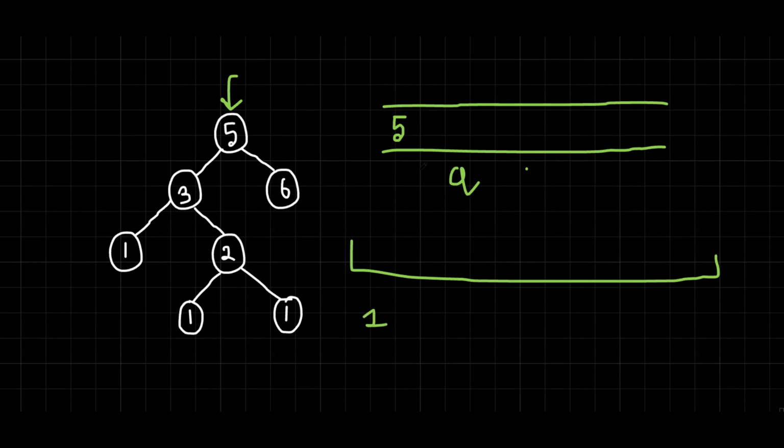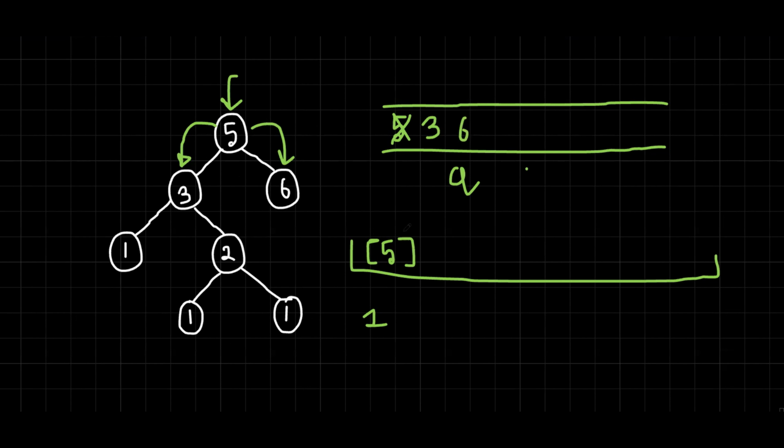So here we insert the value of 5 into the vector and remove 5 from the queue. After removing, we check whether 5 has a left child or not. Yes, 5 has a left child whose value is 3. And 5 also has a right child whose value is 6.